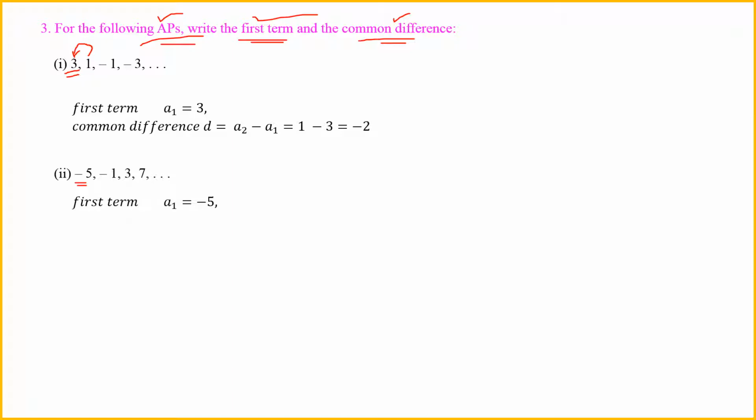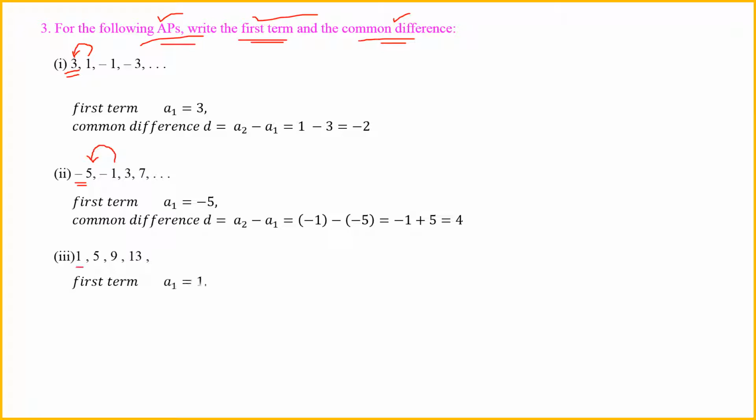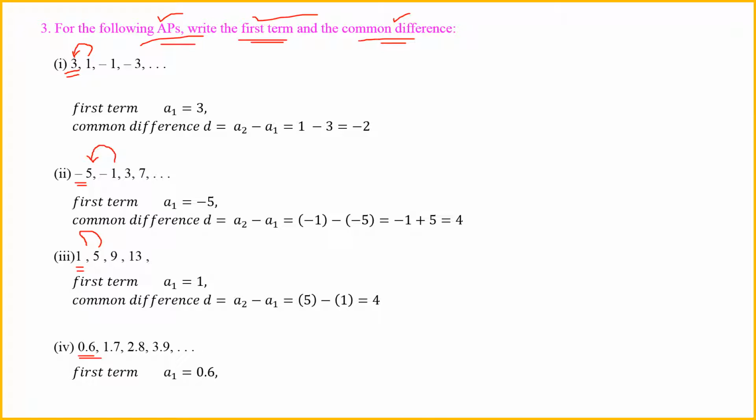To get the difference, take the second number, subtract the first one. It's gonna be -1 minus of minus 5, which gives us 4. And here 1, 5, 9, 13. The first number is 1. The difference is 5 minus 1, which is nothing but 4. Coming to the next question, 0.6, 1.7. The initial number is 0.6, which is the first term. The difference 1.7 minus 0.6 gives us 1.1.